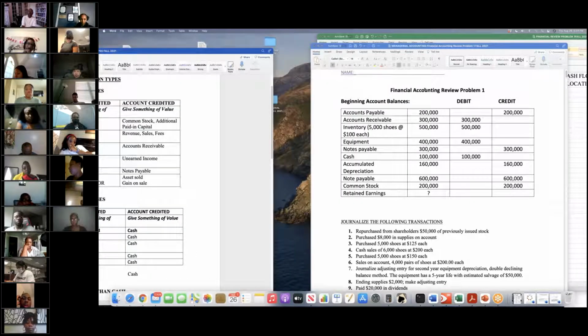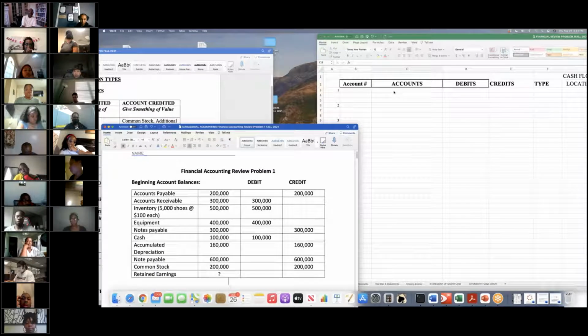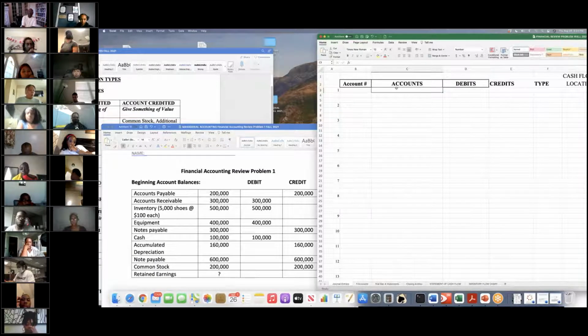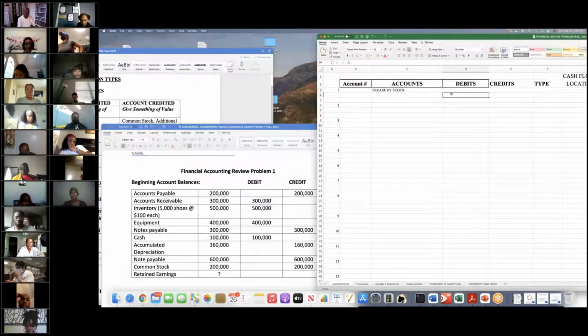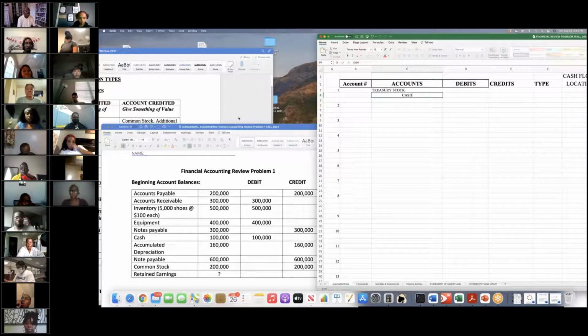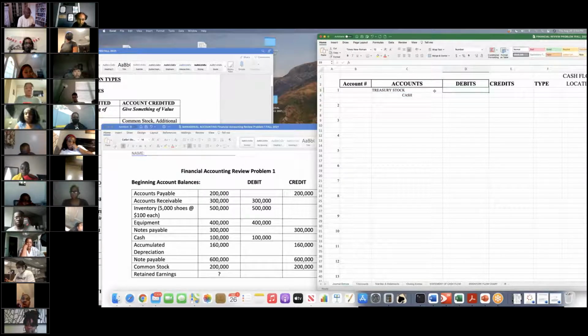So in this first journal entry, we're going to debit treasury stock and credit cash, for 50,000.